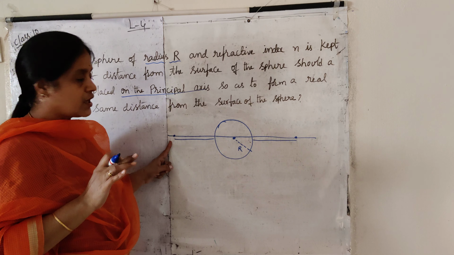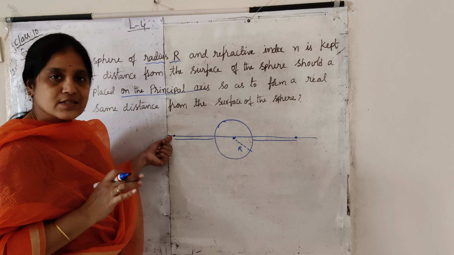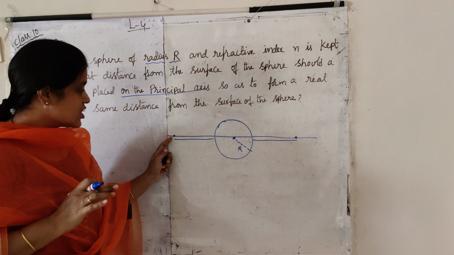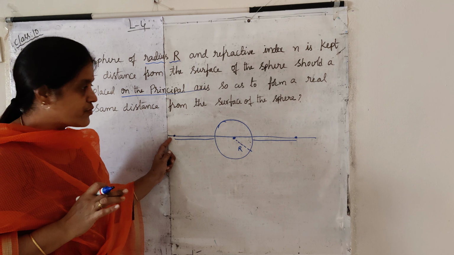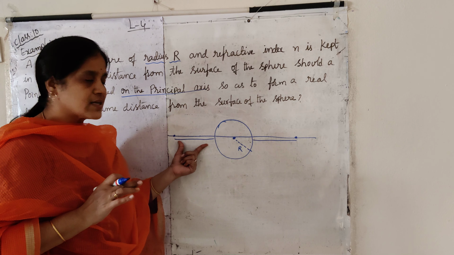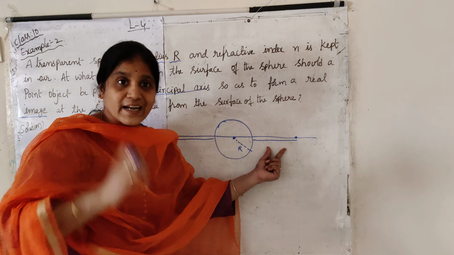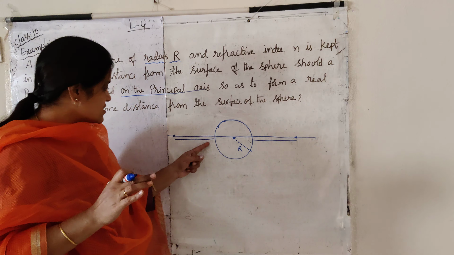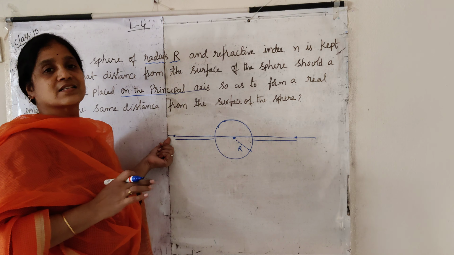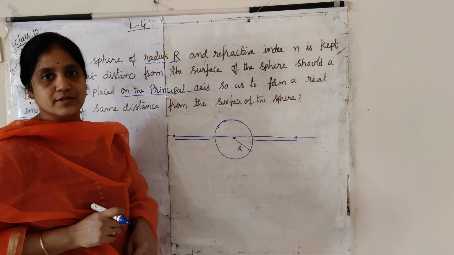Once again, when you place a point size object at one side of this sphere, you should get its image at the same distance. So at what place you must place it, that you must find out.